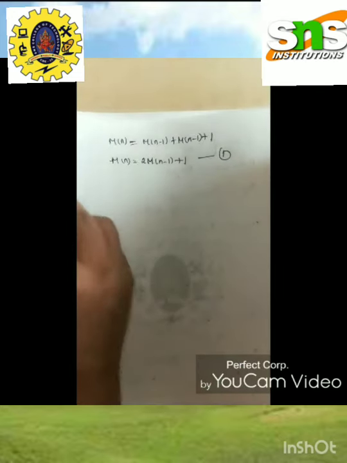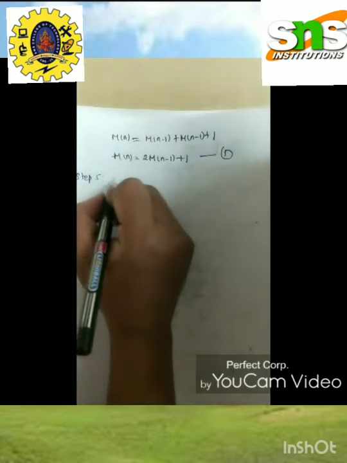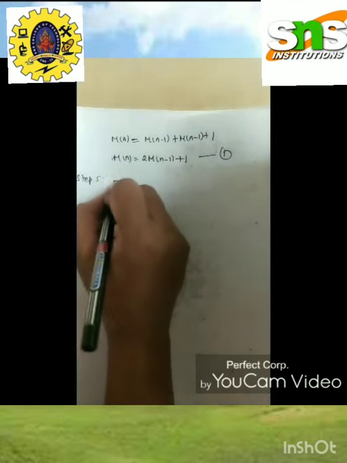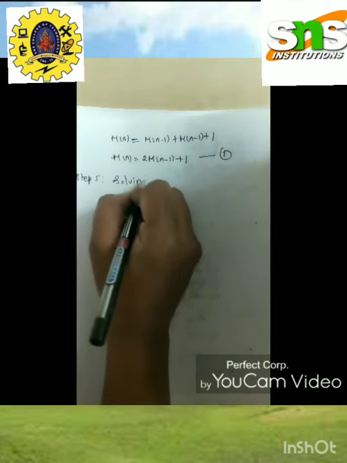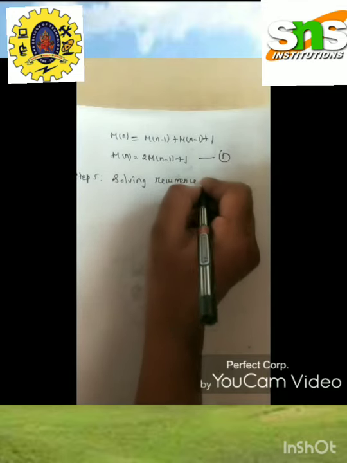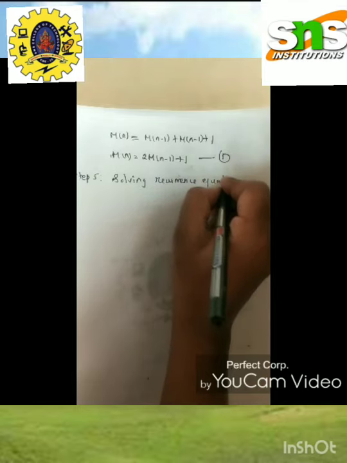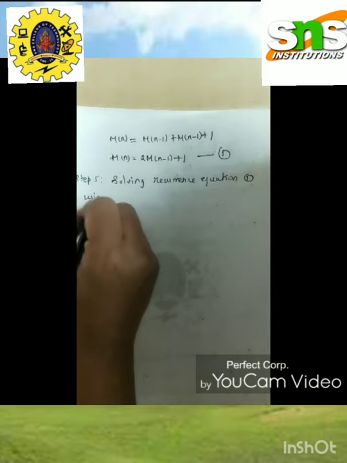Then step 5, solving the recurrence. So this is the recurrence relation. Solving recurrence equation 1 using the substitution method.